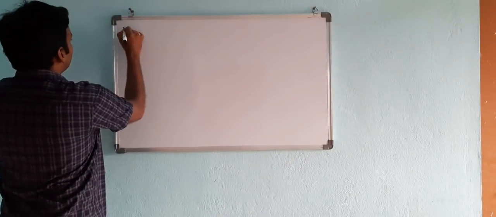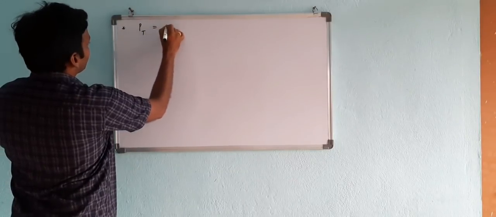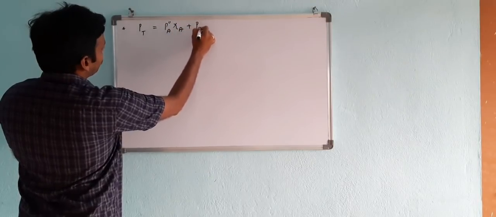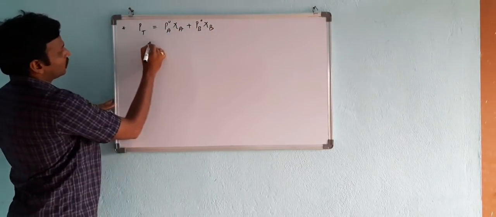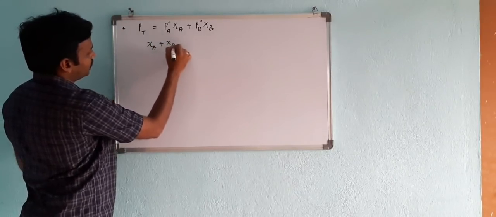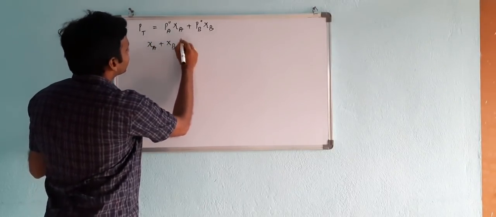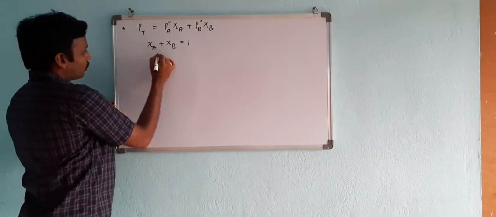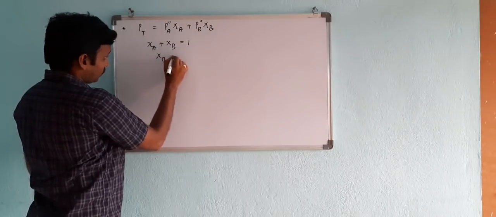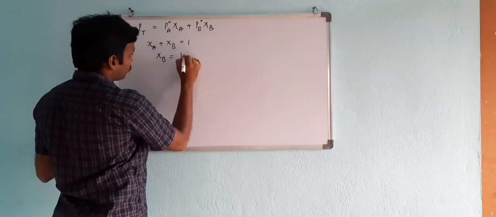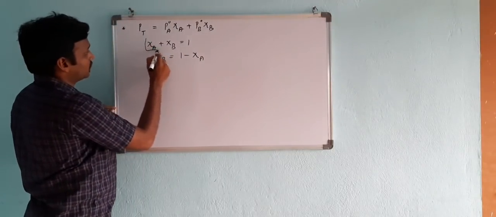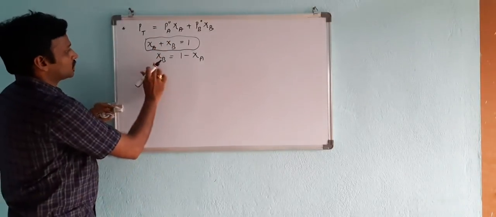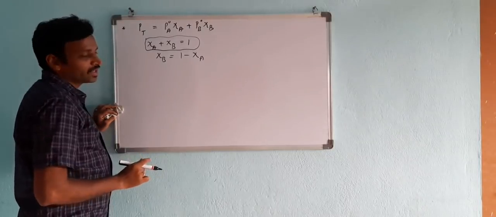Suppose here P total, I am taking, this is PA naught xi A plus PB naught xi B. In place of xi B, I can put 1 minus xi A, because you know this already. In previous concentration terms we discussed the sum of the mole fractions is equal to 1. So xi B is equal to 1 minus mole fraction of A.